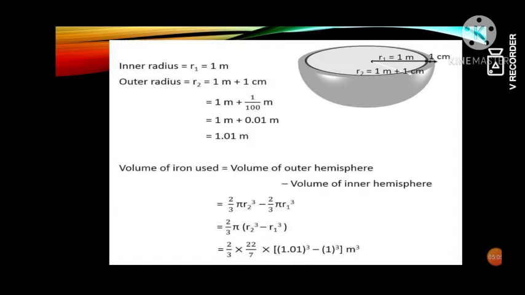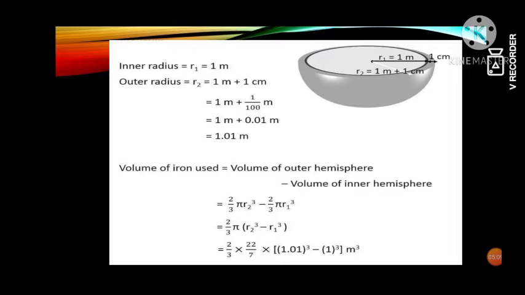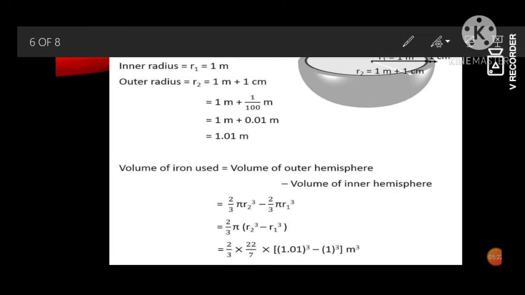So let us see the diagram. In the diagram you can see that the inner radius, the lighter grey shade portion, is 1 meter, and the outer radius is 1 meter plus 1 centimeter. So our inner radius becomes 1 meter and the outer radius becomes 1 meter plus 1 centimeter.